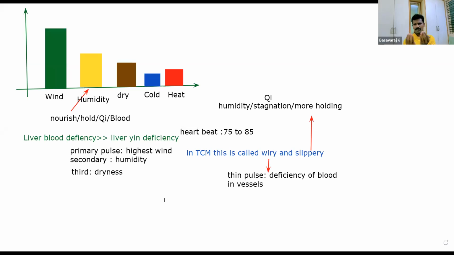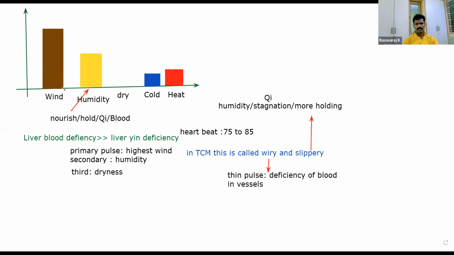All these issues are due to empty heat, created by liver insufficiency because of the liver blood deficiency. For example, instead of wind, if you feel the dryness is highest.